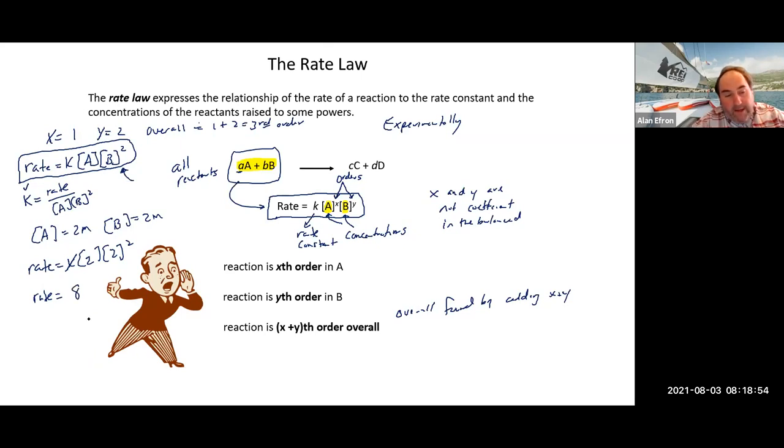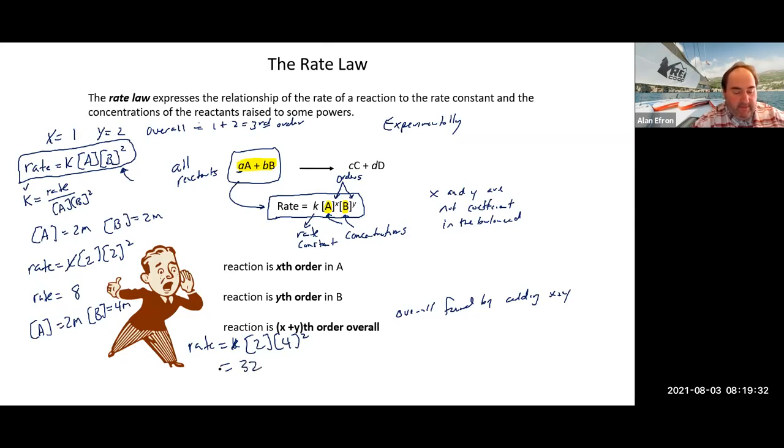Now, why it's good to know the orders and the relationship: let's say that in my next reaction, I'm going to double the concentration of B. So I'm going to start with 4 molar B. If we put that into our rate law, our rate would equal K, again 2 for A, and now 4 squared for B. Again, we're not going to worry about K because it's a constant. 4 squared is 16, times 2, means that our rate is now 32.